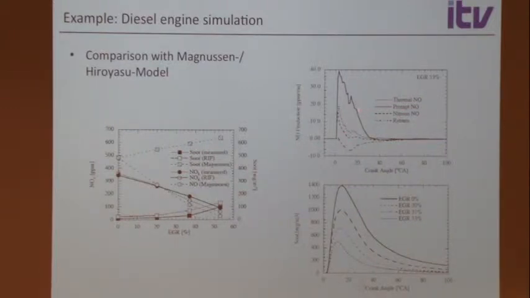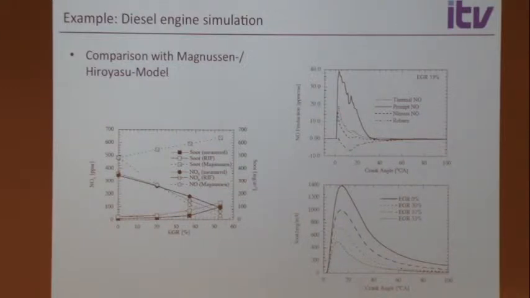No, this is thermal, I'm sorry. Thermal NOx, and this is prompt NO, and this is N2O, and this is reburn. And you see, interestingly, both prompt and nitrous together make about, I think, 1/3 of the total NOx production. So they're not negligible, but reburn is roughly the same order of magnitude.